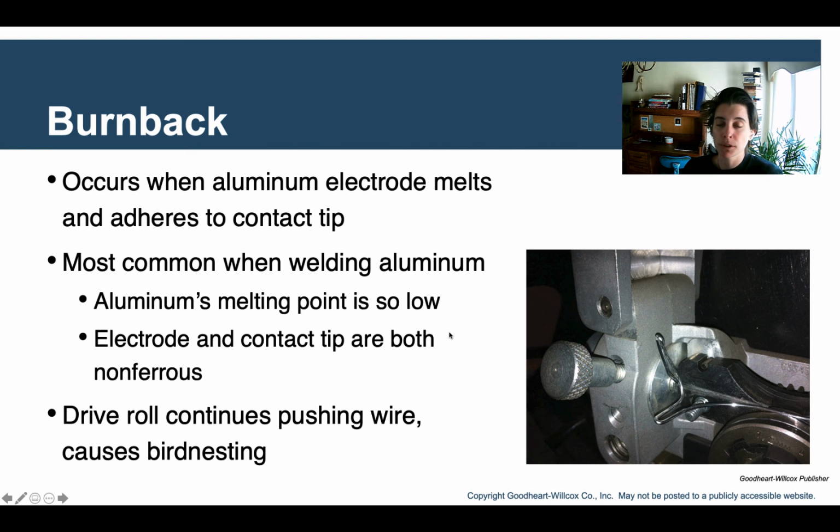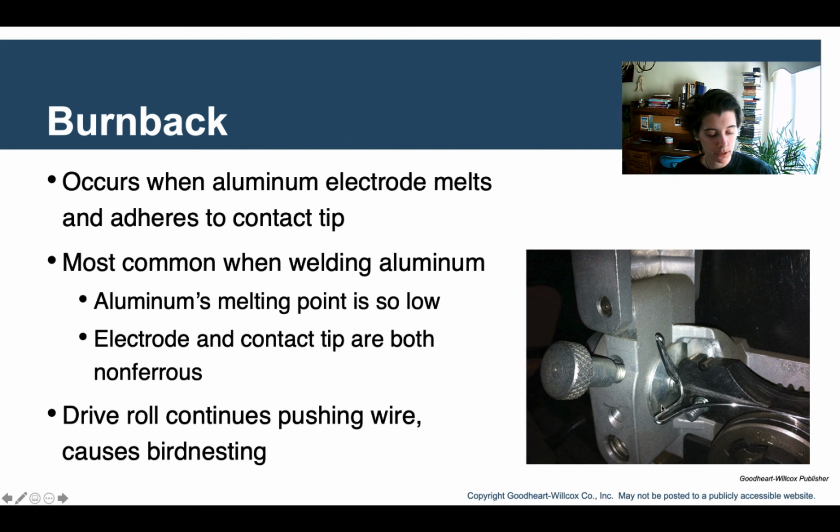Because aluminum's melting point is low, this is why it happens so often. And in this case, the electrode material and the contact tip are both non-ferrous, so they can weld to each other a lot easier than when you're using a carbon steel electrode and a non-ferrous contact tip. They don't tend to stick together in the same way. So that's another reason why aluminum is a little bit more of a problem.